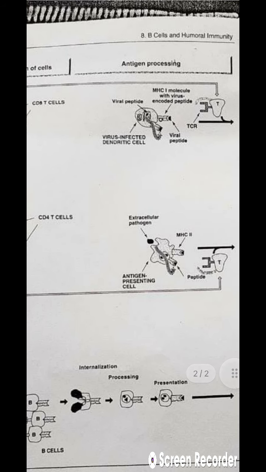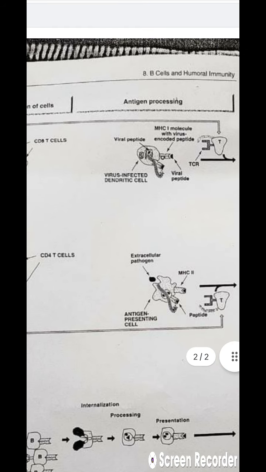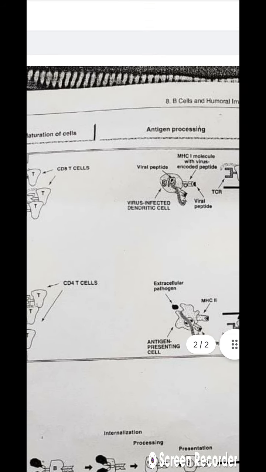I have already shared one mnemonic: MHC2 binds with CD4, meaning 2 into 4 is equal to 8. But see the upper one, the CD8 cell binds with the MHC1 molecule. MHC1 molecule is present in all nucleated cells, and that will be 8 into 1 is equal to 8. So after the multiplication, the total should be 8.